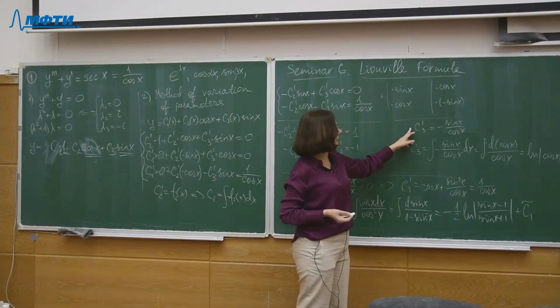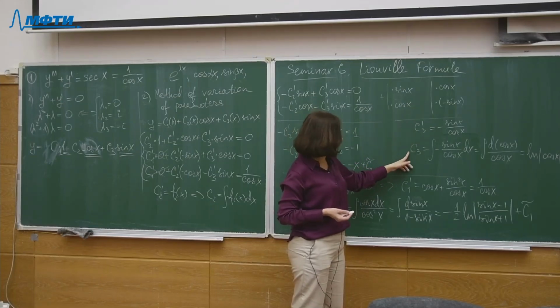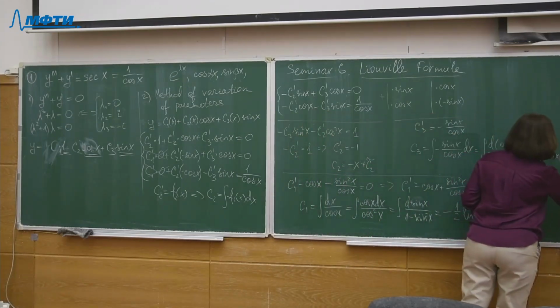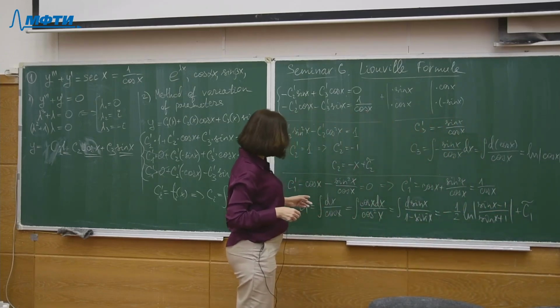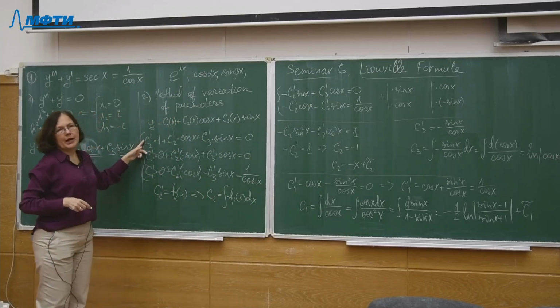Next, I found the formula for C3 prime, and found C3 just by integrating this, plus C3 tilde. And after all, I need to know C1 prime.